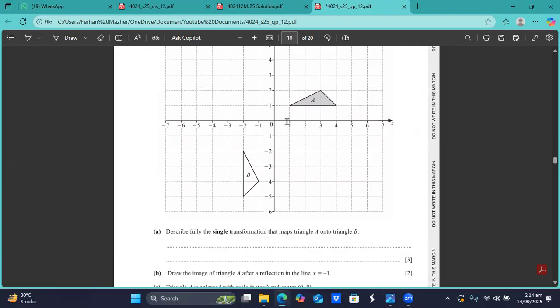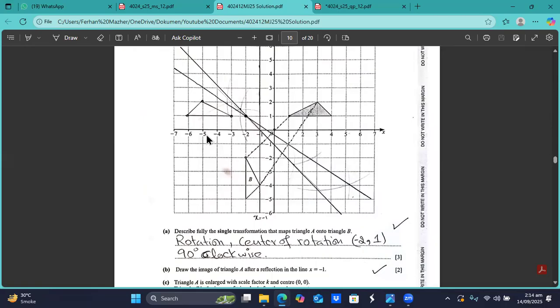You join the same points in the object and the image with each other, and you draw the perpendicular bisector of that with the help of a compass. Then you join the next pair of points and draw the perpendicular bisector of that line. Where those two perpendicular bisectors intersect each other, that will be the center of rotation.